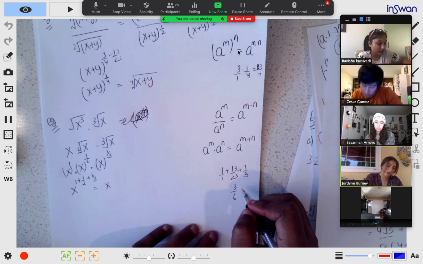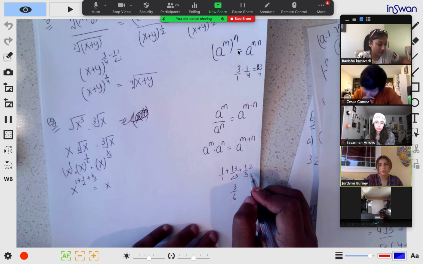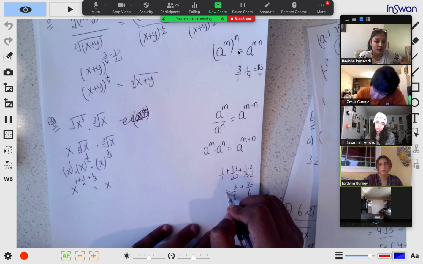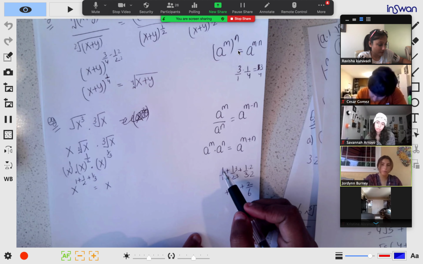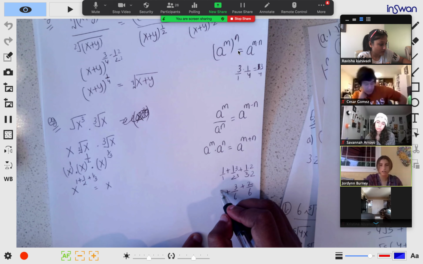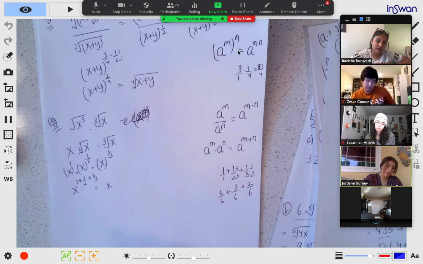And then you're gonna go to 1/3 and multiply each side by 2, and you're gonna get 2 over 6. And then with that 1 over 1, we could just multiply each side by 6, so it's just gonna be 6 over 6. And then you add them all and you get 11 over 6.